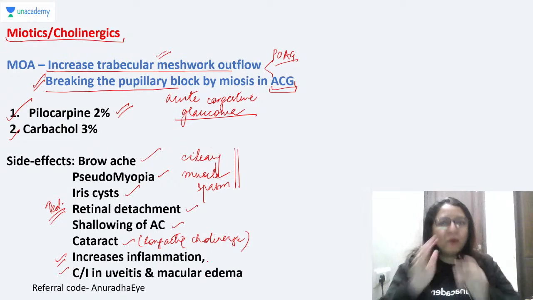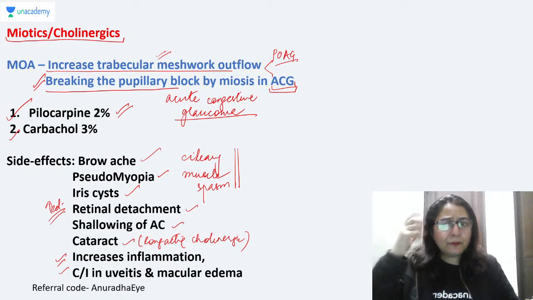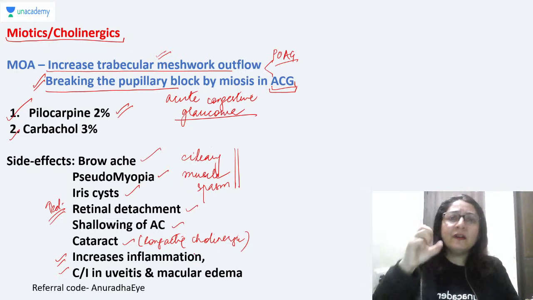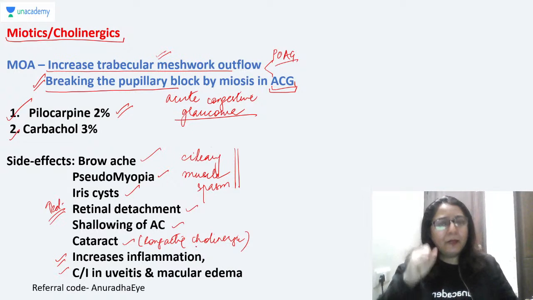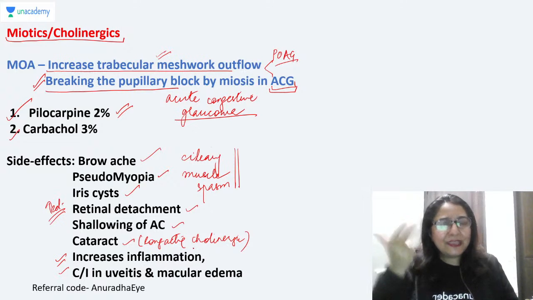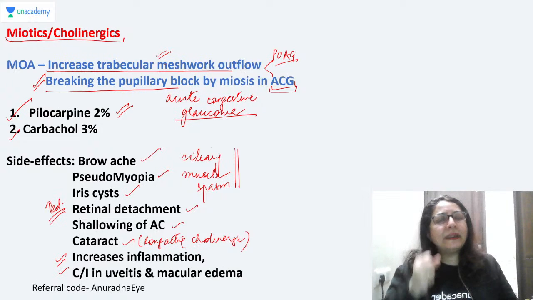So what is the side effect profile to be remembered about miotics? Please remember, since they are cholinergics or parasympathomimetics, they will cause spasm of the ciliary muscle. Because of that, there is problem of brow ache or headache. There is pseudomyopia. There can be formation of iris cyst or retinal detachment.